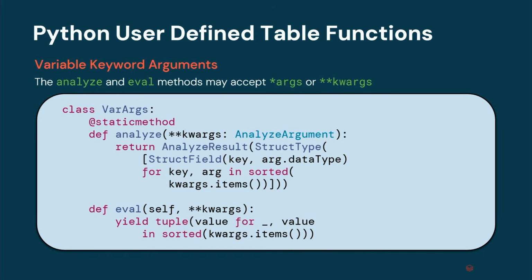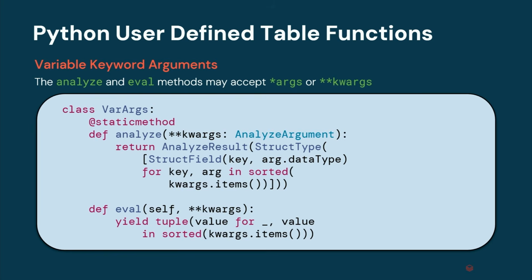Cool. So yeah, they can take scalar arguments or tables as input, and define the output schema dynamically. For each of these methods, you can also make them accept variable arguments, so you can say *args or **kwargs, like Python will let you do. You just define it like this, and then the function will accept variable arguments, and you can inspect them.